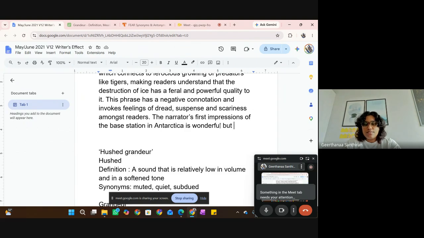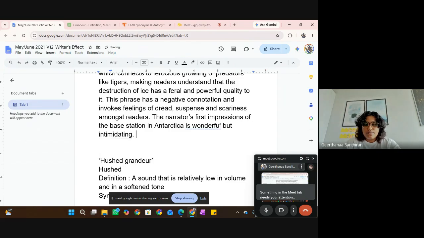You have to be careful. Wild, right? It's wild, unpredictable. Intimidating. Is that it is wonderful, but intimidating. So here only two adjectives, but since it's saying something that is a pro and a con, I think two works. The contrast there, it works.